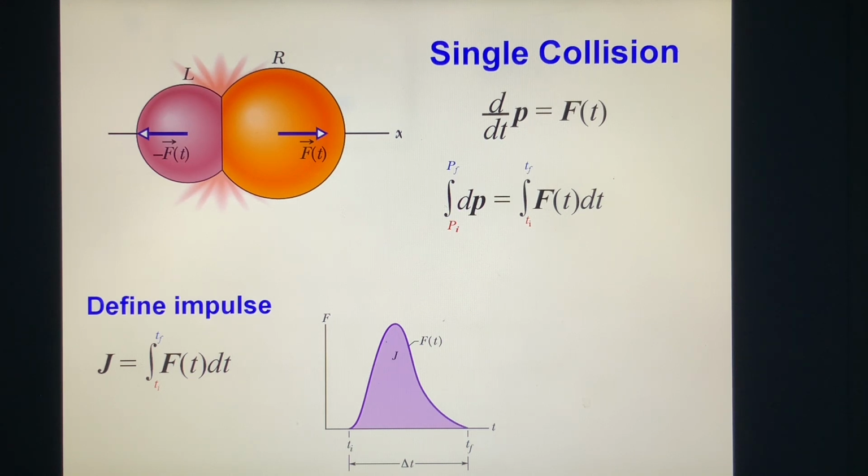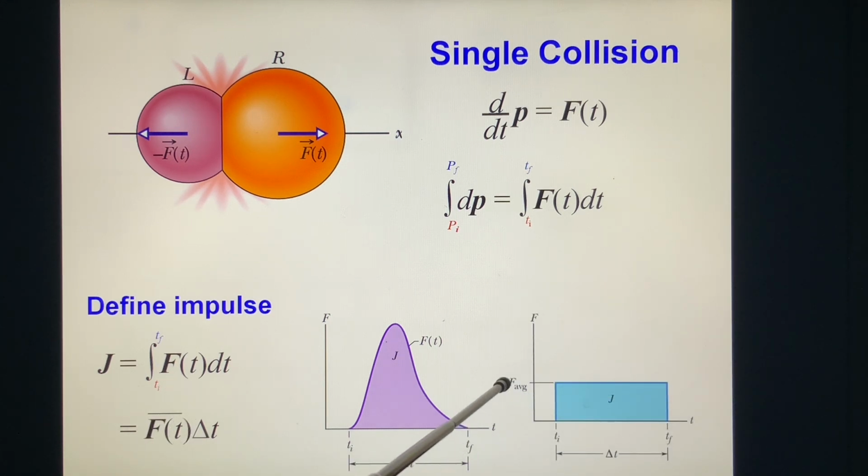This is very hard to calculate because it changes rapidly. So what we do is we think of it as an average force multiplied by delta T. We find an F average, so that this blue area is equal to this purple area, and we can estimate this.